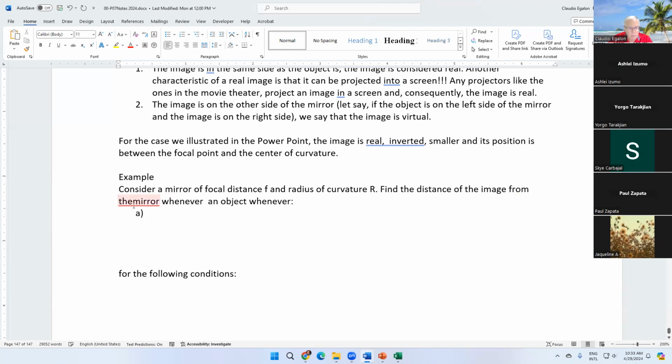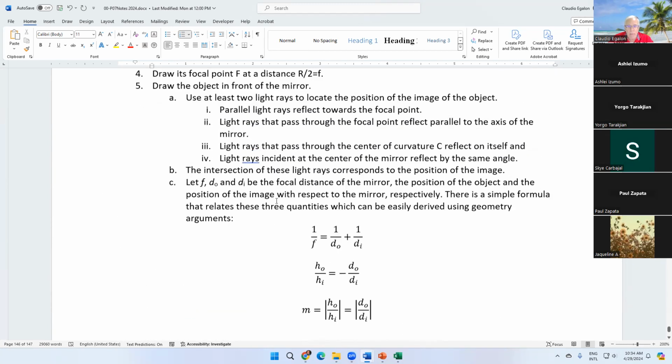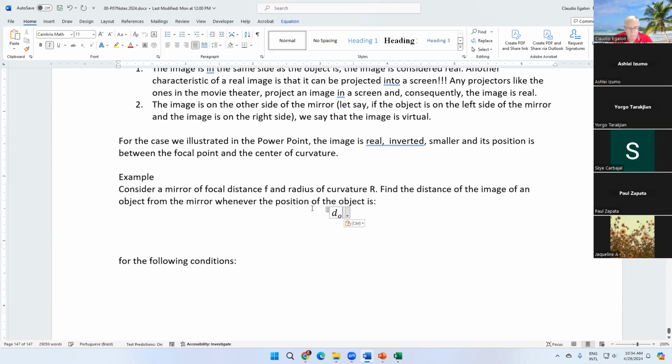Find the distance of the image of an object whenever the position of the object is, here you go, d_o greater than R. Should be lowercase d, okay? d_o greater than R.